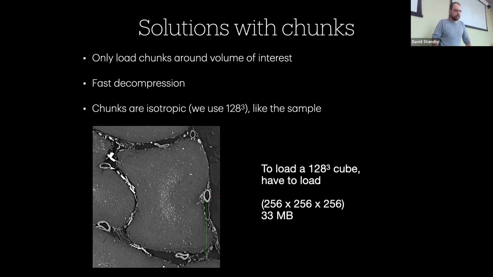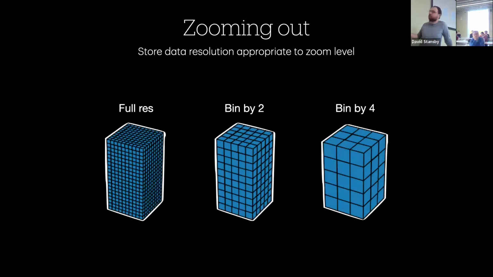So the other key feature of these modern data formats is storing copies of the data at a resolution appropriate to what you're viewing it at. You take the full resolution data, and you also store a copy that's binned by 2, or downsampled by a factor of 2.